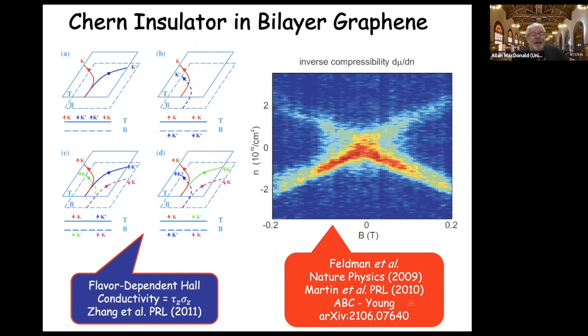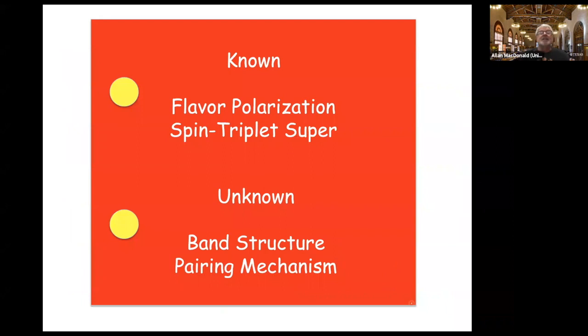It turns out the trilayer bands are a little bit flatter than bilayers, and evidently that tips things over the edge. And you can see this kind of behavior, spontaneous layer polarization, in trilayers.